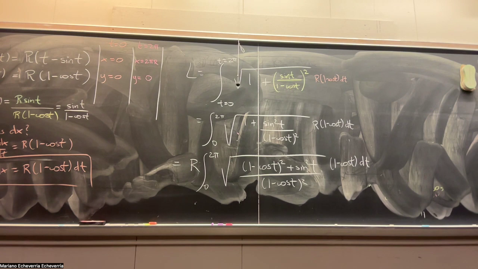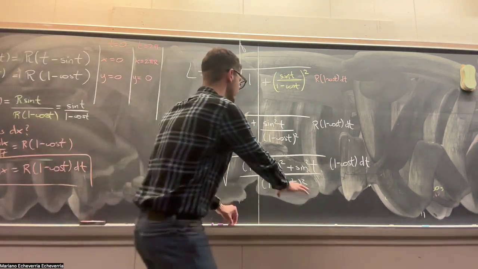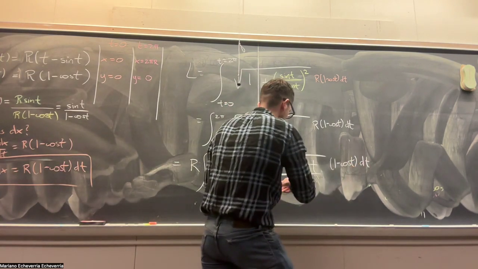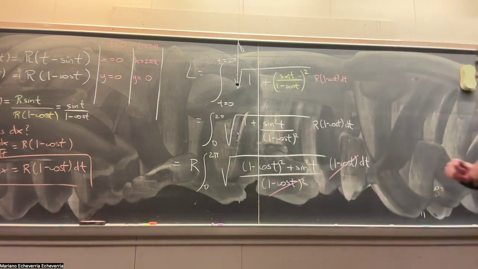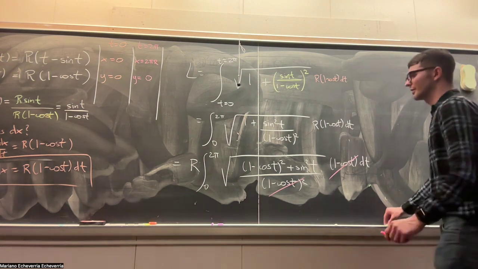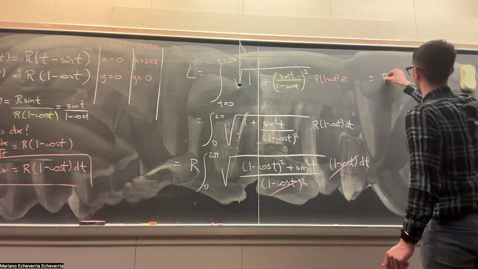So hopefully this is taking shape, because this denominator, when it comes out from the square root, will cancel with this one. Because this one is squared inside the square root, right? So now the integral doesn't look as bad.